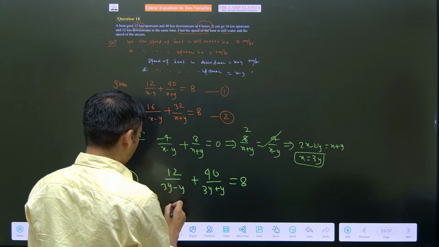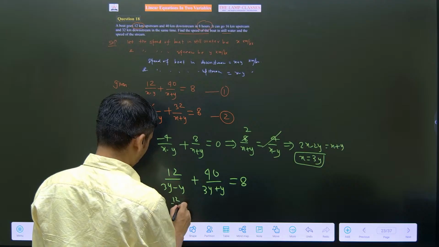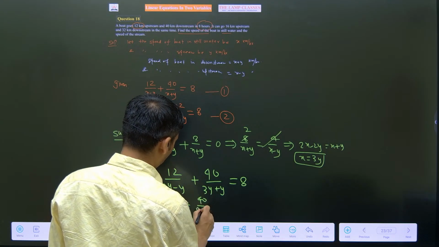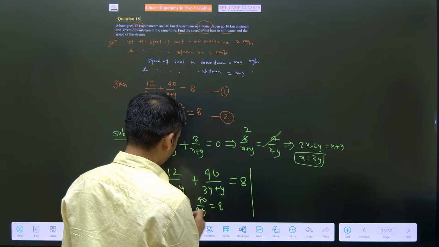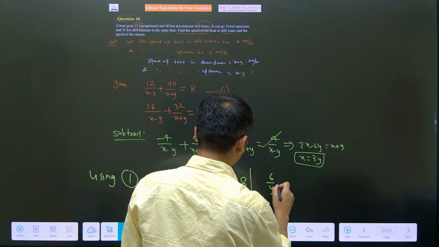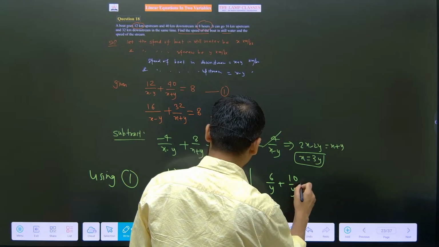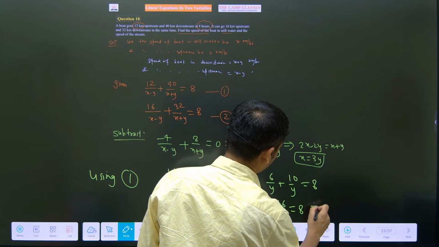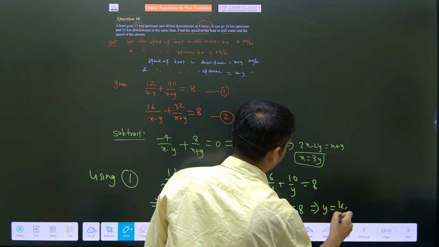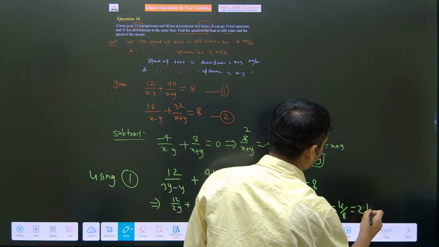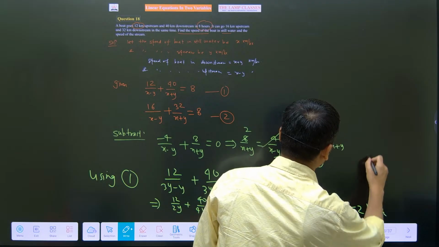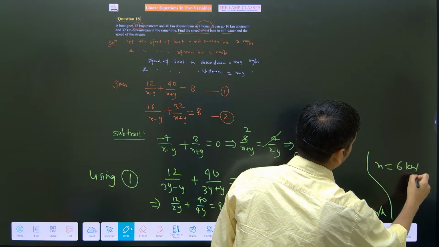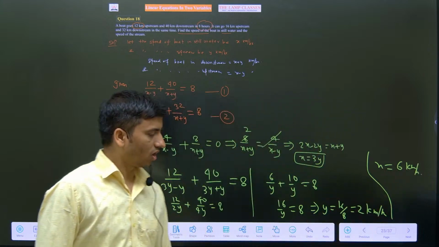It is 12 upon 2y plus 40 upon 4y is equal to 8. 6 upon y plus 10 upon y is equal to 8. 16 upon y is equal to 8. y will be 16 upon 8, that is 2 km per hour. And therefore x will be 3 times, so 6 km per hour. I hope you understood.